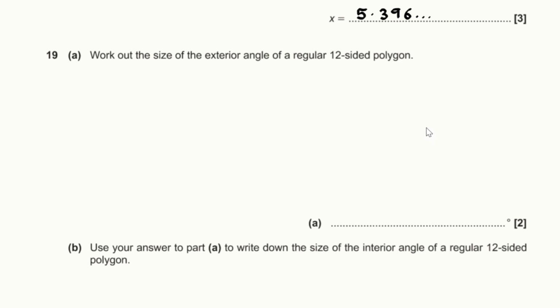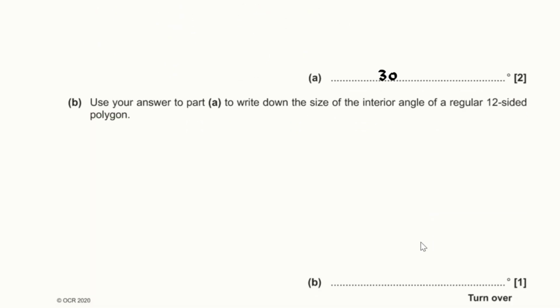Question number 19. For part A, we have to work out the size of the exterior angle of a regular 12-sided polygon. Well, the exterior angle is equal to 360 divided by the number of sides. We've got n. So we've got 360 divided by 12. And if I work out 360 divided by 12, I get 30. So the exterior angle is 30 degrees.